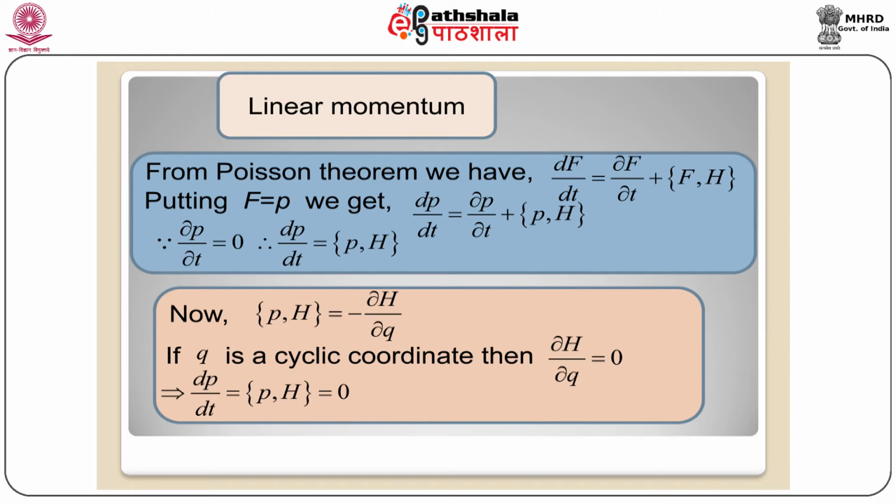So, del/del small q of capital H vanishes. Using this result, we get the Poisson bracket of small p with Hamiltonian equal to 0. Therefore, d/dt of small p equals 0. Hence, the linear momentum small p conjugate to a cyclic coordinate small q is a constant of motion.